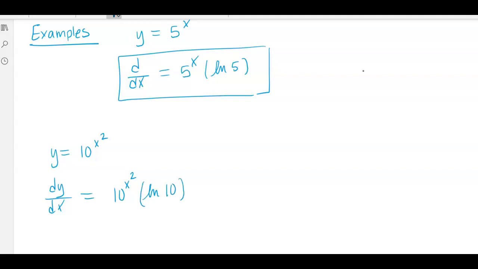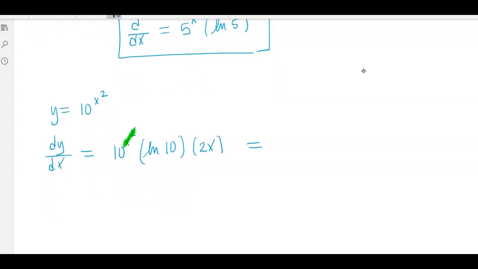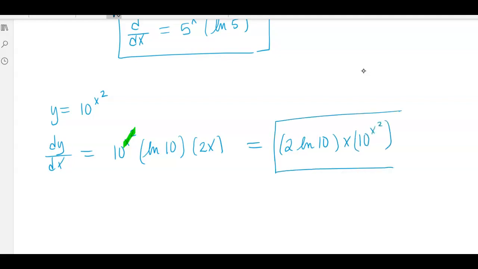And then, because of the chain rule, we have to multiply by the derivative of what is up in the exponent, which in this case is going to be 2x. So putting the numbers together, I would have 2 times the natural log of 10 multiplied by x, and then multiplied by 10 to the x squared. So this is our final answer.